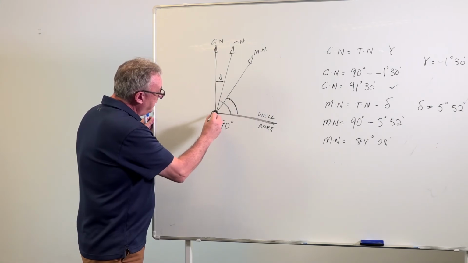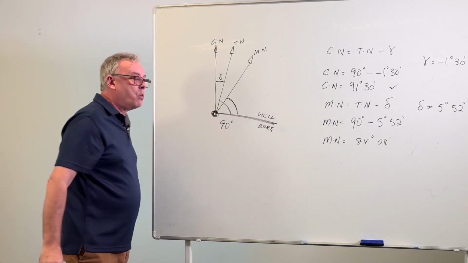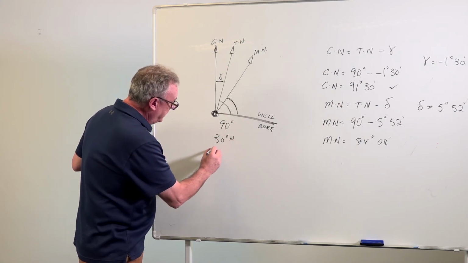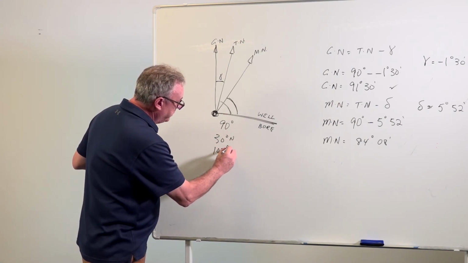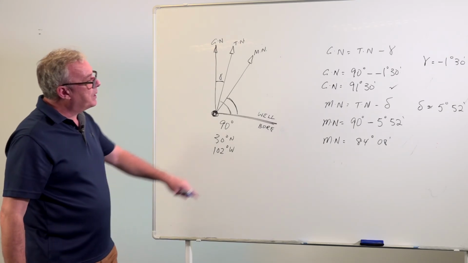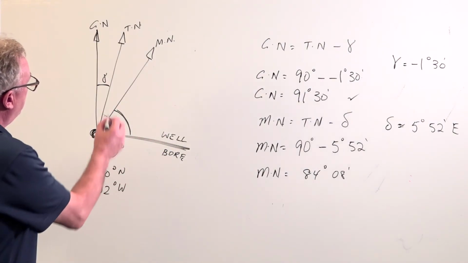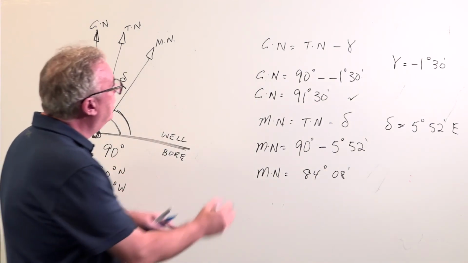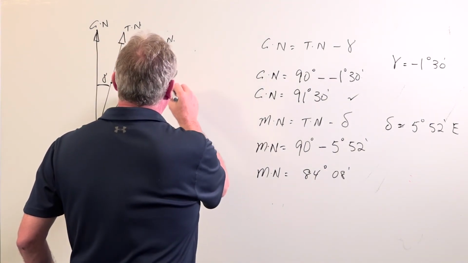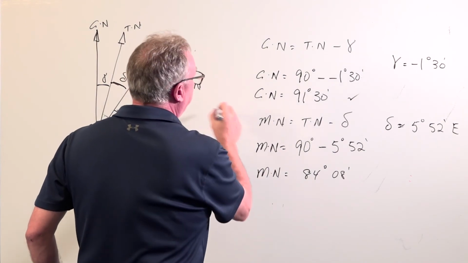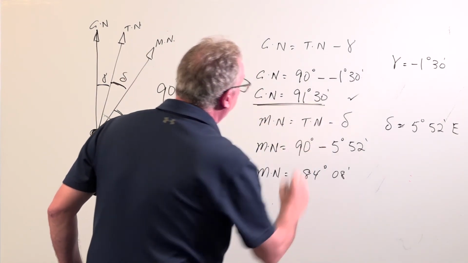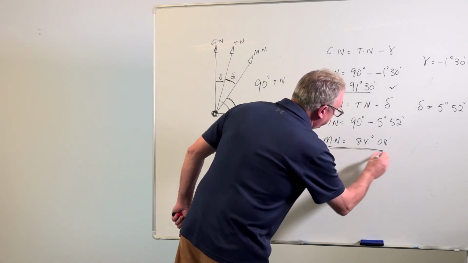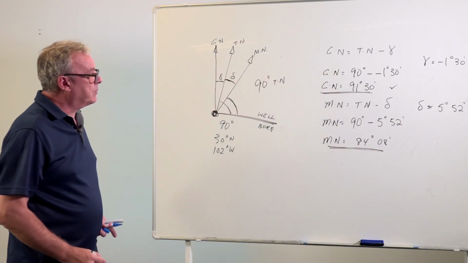So remember that point there is going to be my wellhead location, or 30 degrees to the north and 102 degrees to the west. And we can now see that I've got the relationship shown for the three north directions and values now for true north, which we said was 90 degrees. We've now calculated what the well azimuth would be with respect to grid north, and the well azimuth with respect to magnetic north.